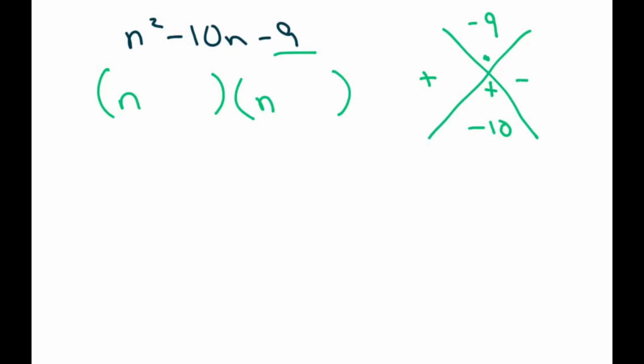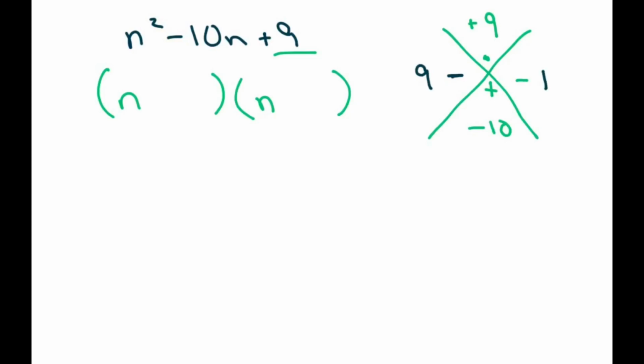So in that case, I'm going to use 9 and 1. Actually, that doesn't work, so I'm going to make this a positive. So this is going to be both negatives here. So it's going to be 9 and 1.